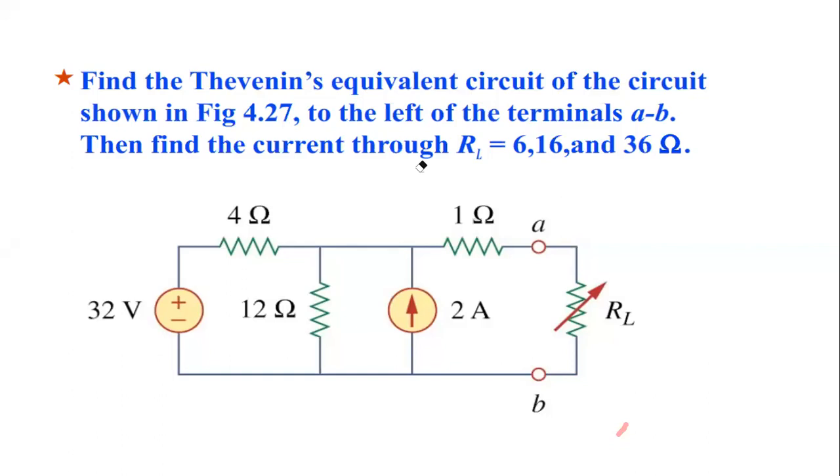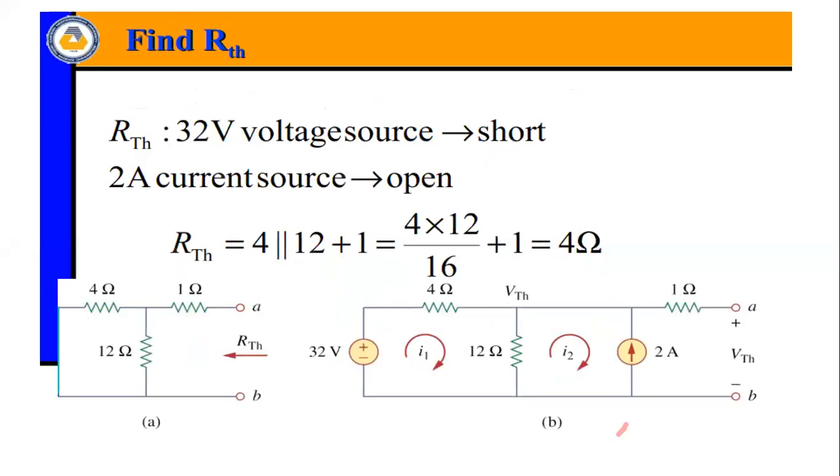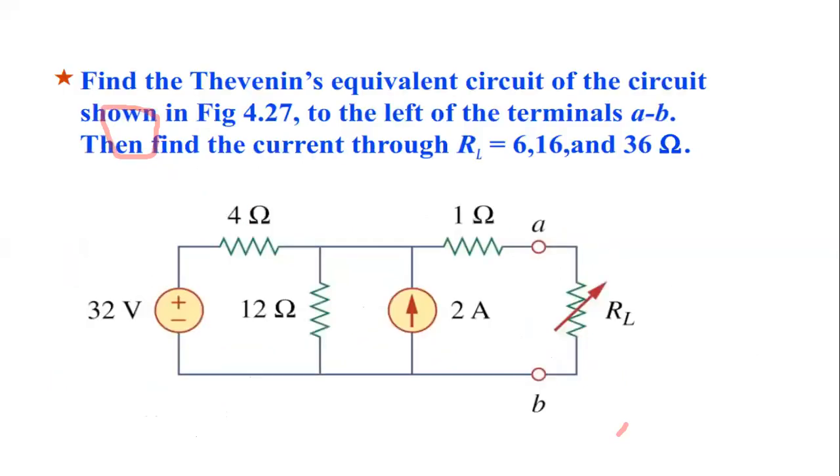Now let us see how we can do it. So first thing is to find the equivalent resistance, that is Thevenin's resistance RTH. For that, the voltage source will be shorted. If you see the previous circuit, there was a voltage source, this source.